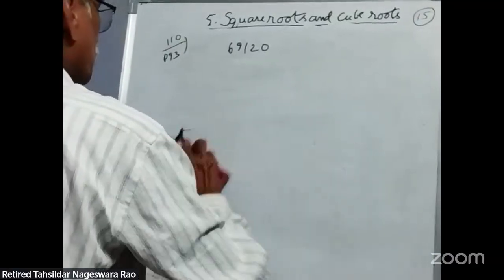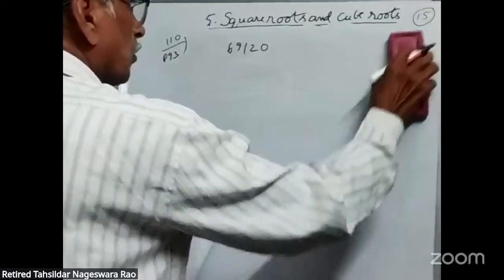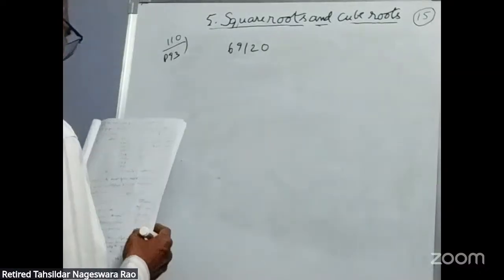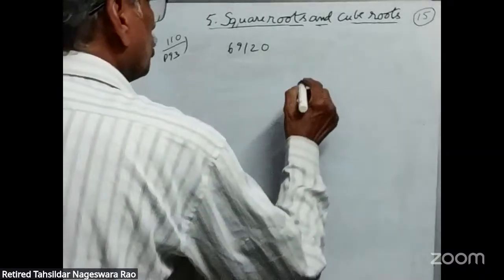For finding cubes and cube roots, we have to verify by the factorization method only. I want to do it like this.